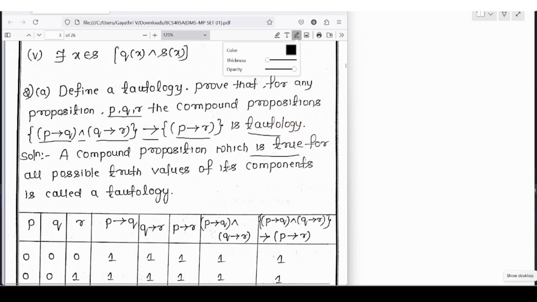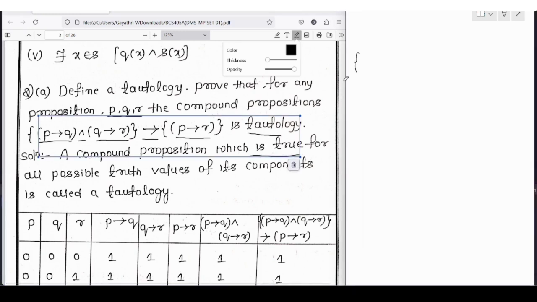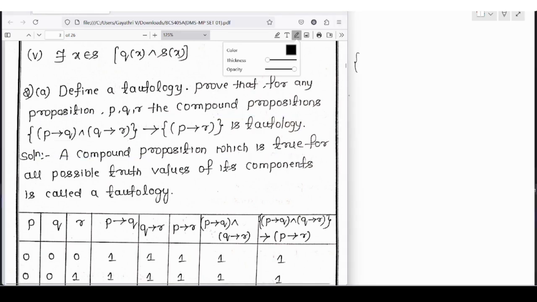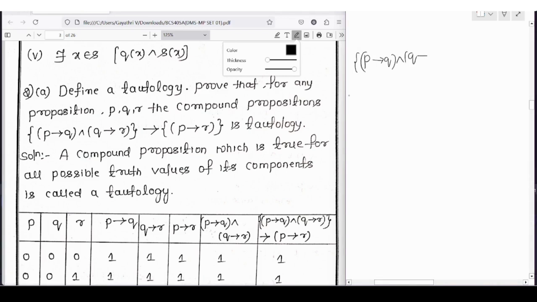Now let us see the compound proposition they have given: P conditional to Q, conjunction with Q conditional to R, is conditional to P conditional to R, and it is a tautology. That means this entire value we should get as all 1s, all true values.